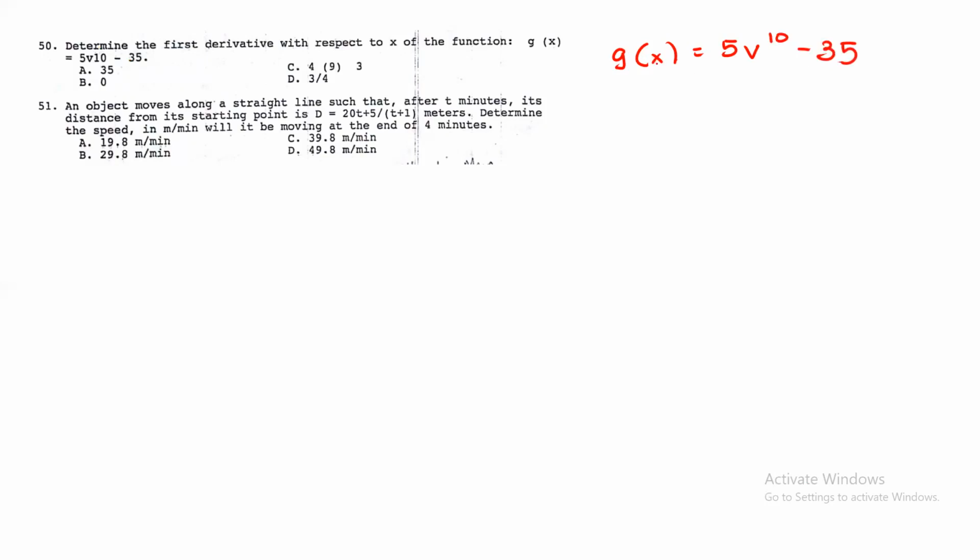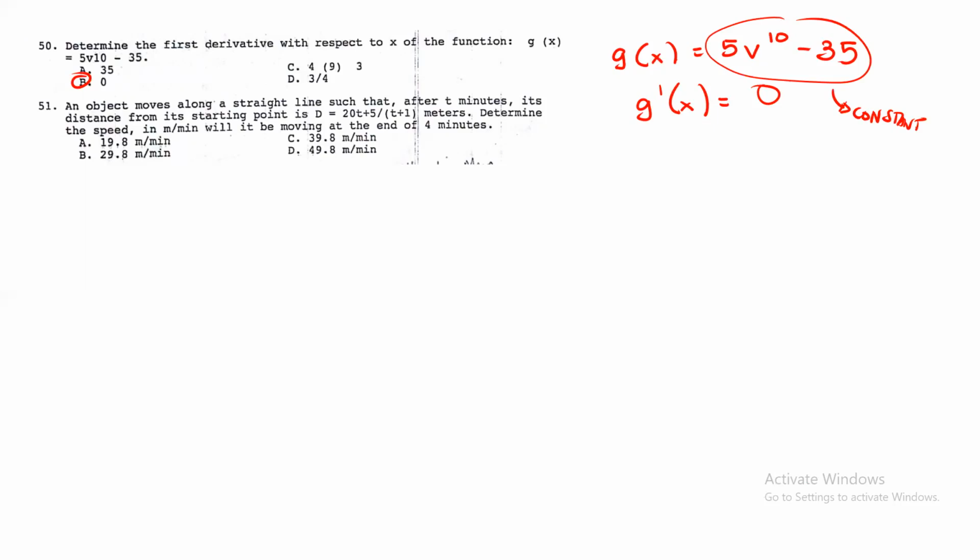Since we are differentiating with respect to x, g prime of x is 0, because everything here is constant, and the derivative of a constant is equal to 0. So the answer is letter B.